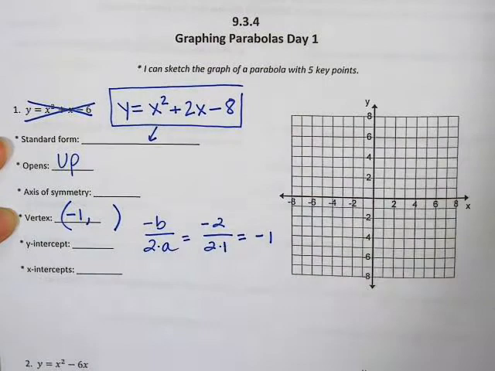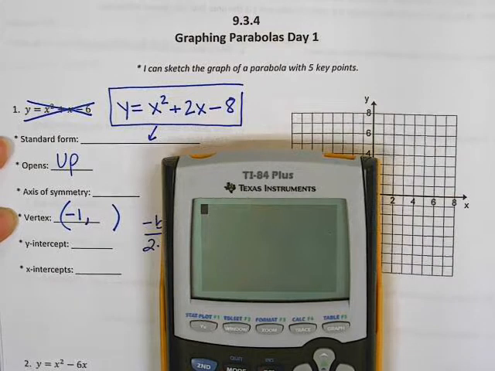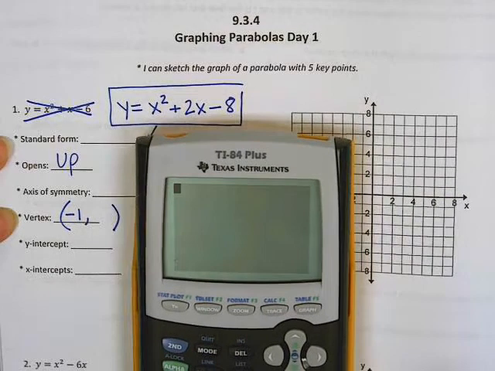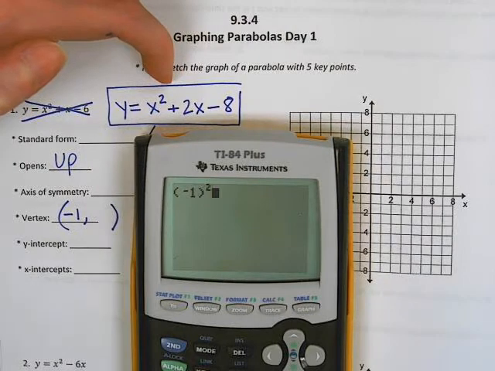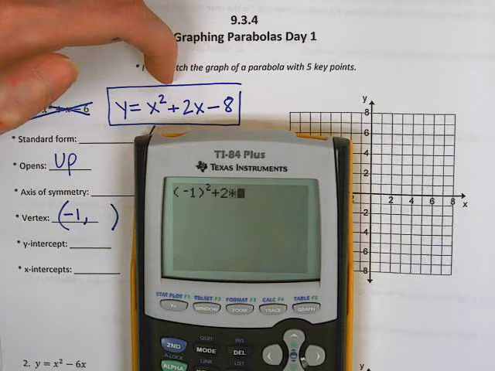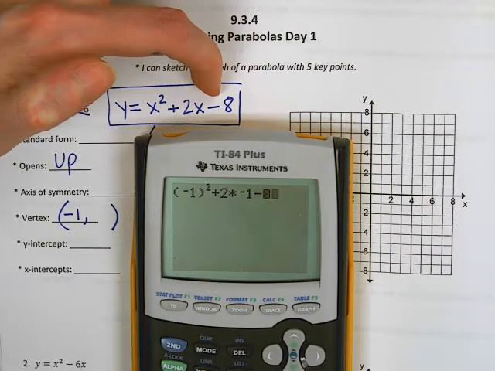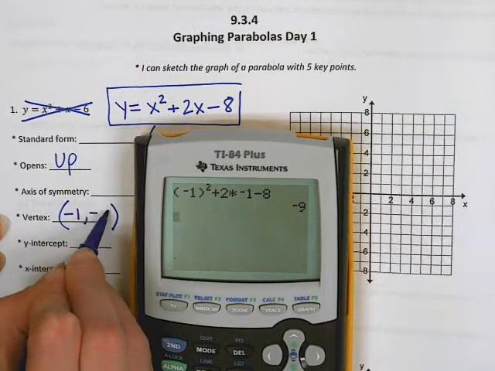And then to find that second number, you got to plug negative 1 back into the original equation here. Okay, so up here. Now parentheses if it's negative. Negative 1 squared plus 2 times negative 1 minus 8. And if you plug in negative 1, you get negative 9. That's the vertex.